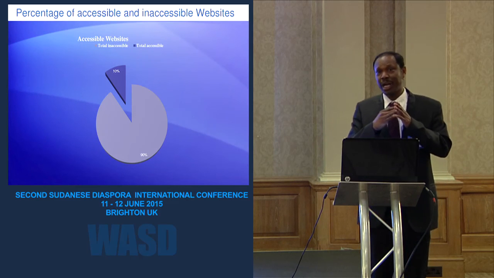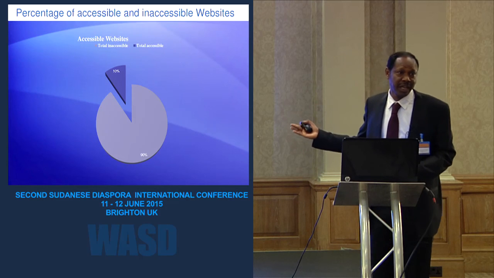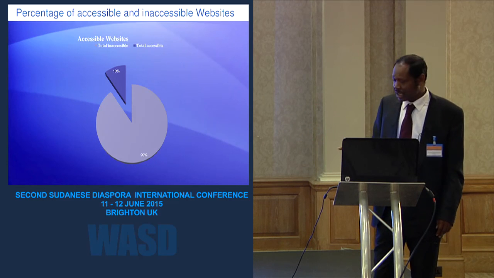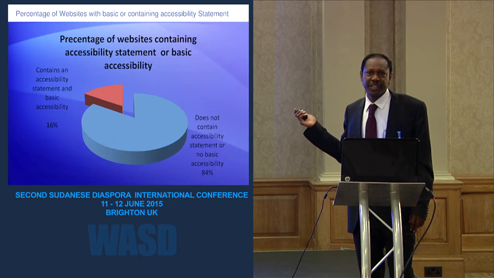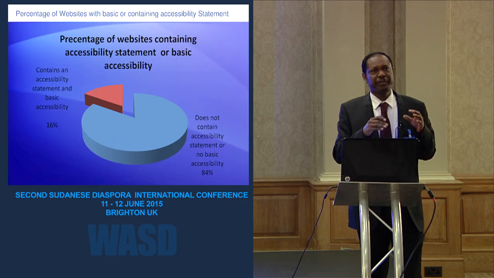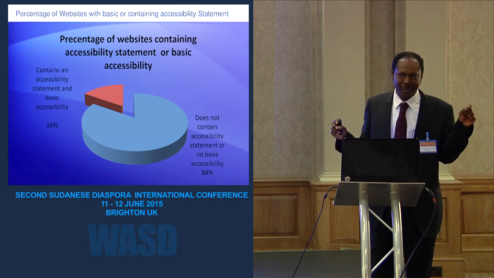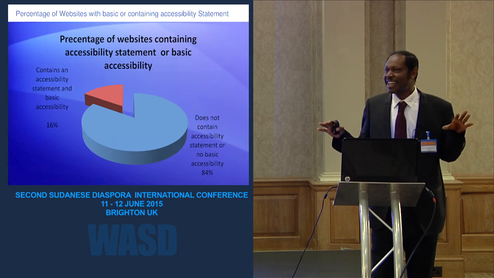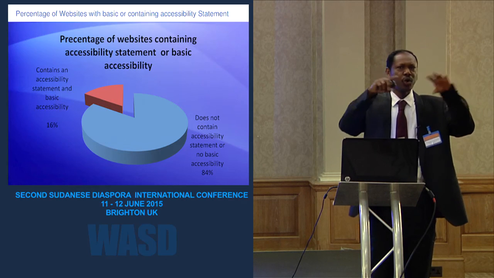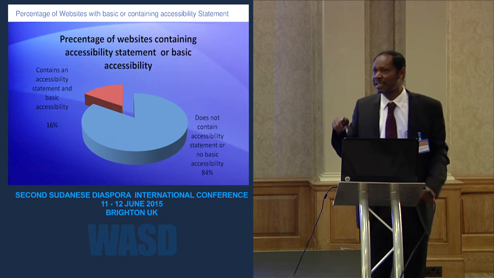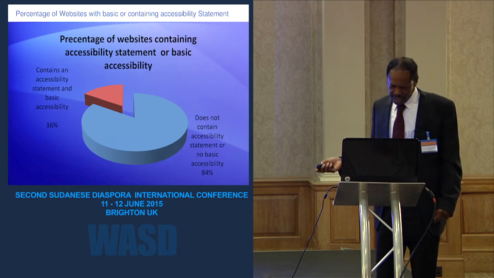We tested a wide range of websites in Sudan and in the world, so we found only 10% of the websites accessible. Also, this slide mentions websites just containing a statement about accessibility. 16% of the websites just contain an accessibility statement about basic accessibility, about the text, or about how to zoom or make the text bigger, or just talk a little bit about accessibility.